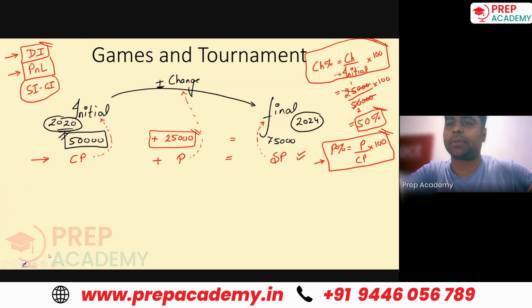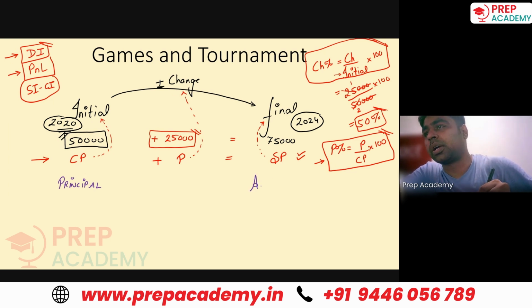Taking one more example. As we discussed, I gave Henna a principal amount of 50,000, which Henna returned back to me by giving an interest of 25,000.